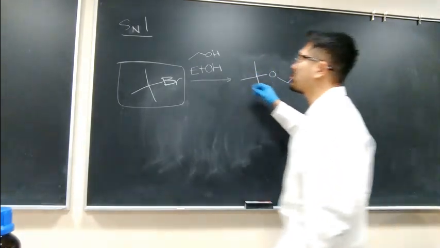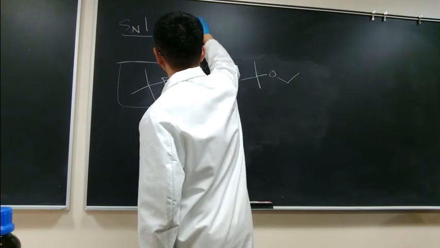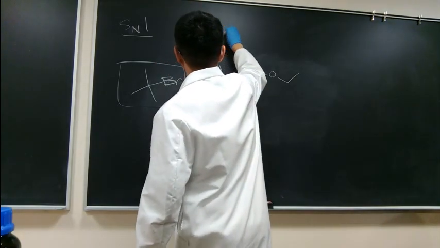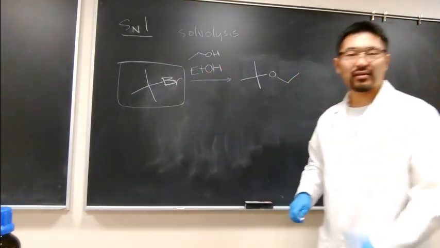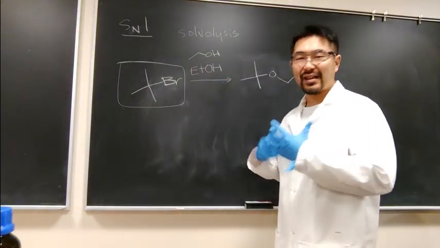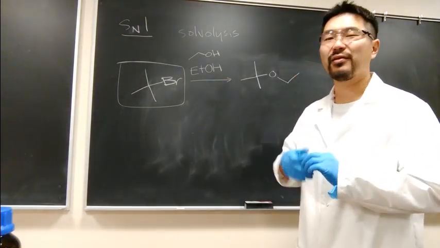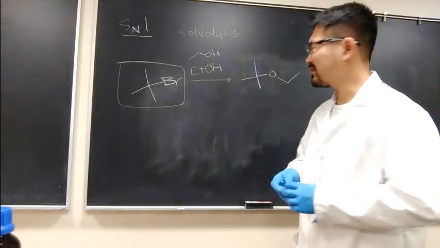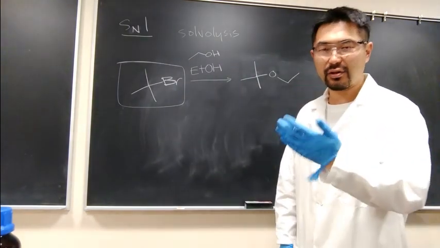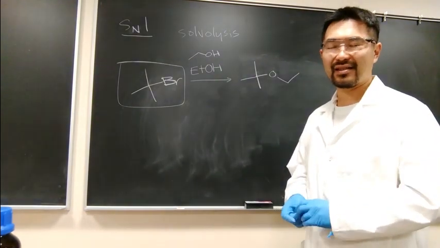This reaction is also called a solvolysis reaction, because the leaving group's leaving and displacement is guided by the solvation process, or by the solvent, and so usually the solvent is what displaces the leaving group.